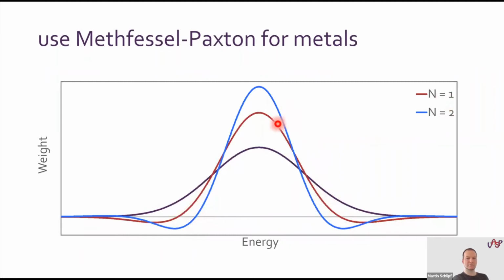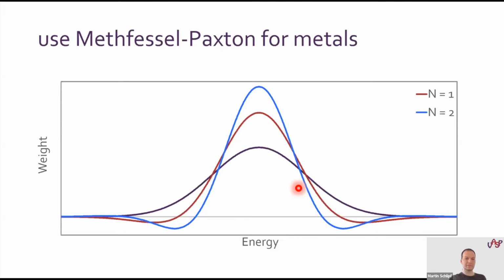This corresponds to different method choices of the Methfessel-Paxton method. You can make this peak narrower and narrower, which means that fewer states will be occupied. And again, the same argument as between Fermi-Dirac and Gaussian smearing applies here: if you can make this peak narrower, it leads to a more robust or faster convergence.